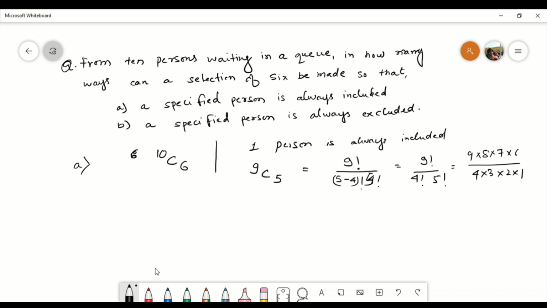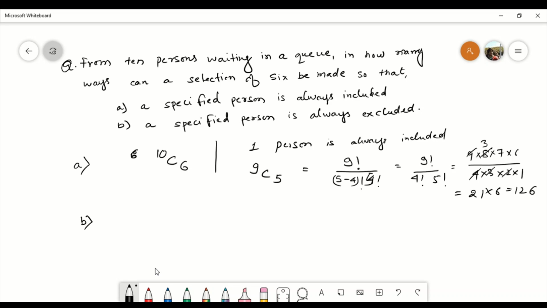So we can solve this easily. So 4 and 2 will go, this will be here, and this 3 and 3. So this will be 21 into 6, which is 126. So this is 126 ways, right?